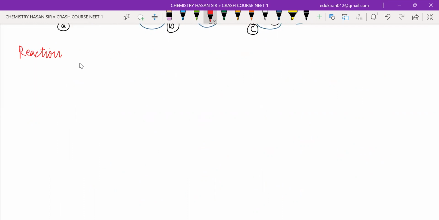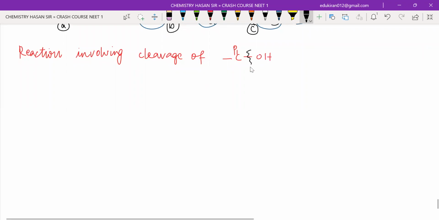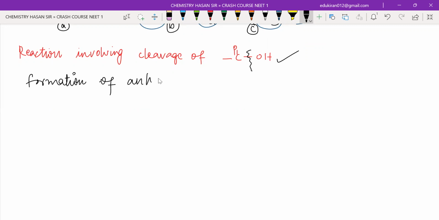After this, reactions involving cleavage of the C-OH bond. This is your C double bond O, and OH bond, but here we are going to break this C-OH bond. Whenever this happens, we are going to study the formation of anhydride. Formation of anhydride, this is also a functional group.